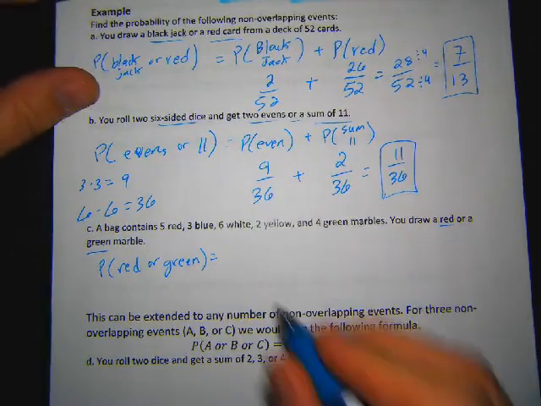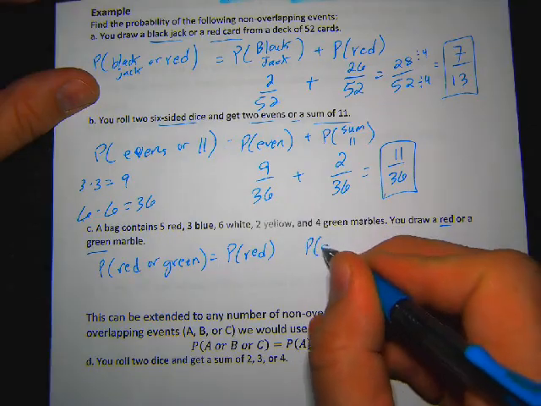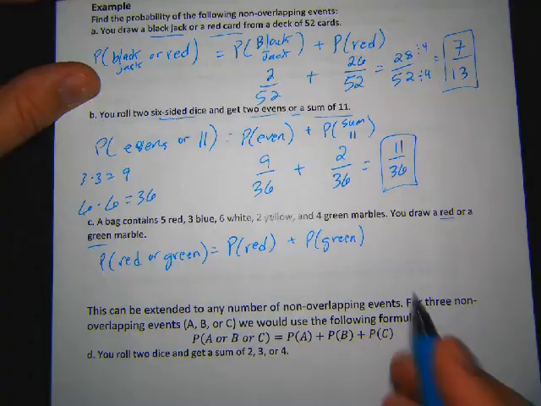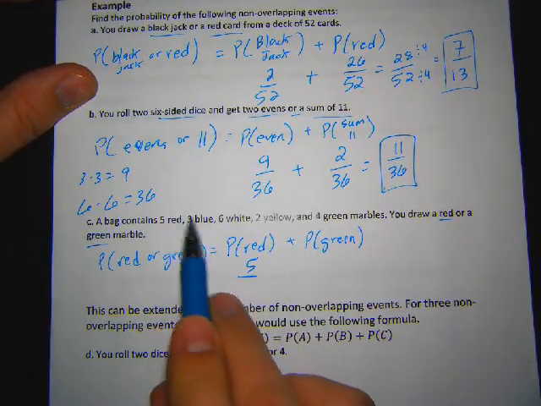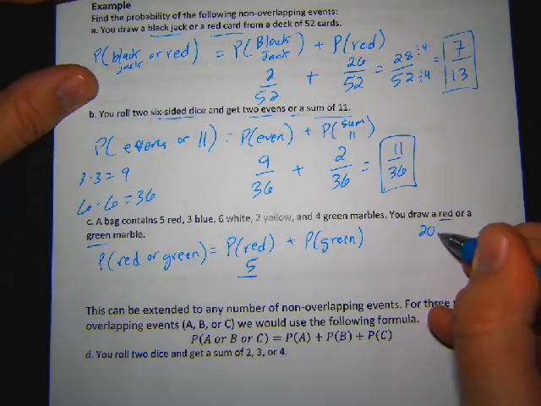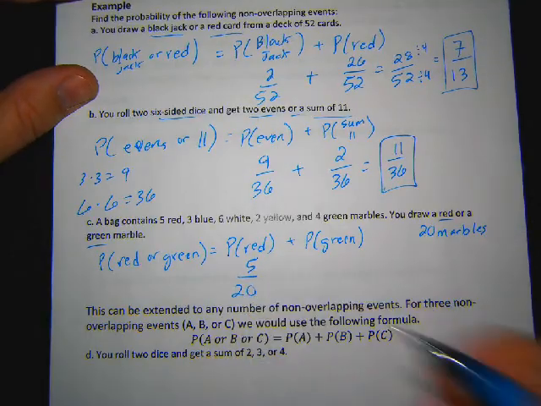All right, so first I find a probability of red. Then I find a probability of green, and then I add them. That's the whole methodology. So red, there's 5 red. Here I have what? 5, 8, 14, 16, 20. So we've got 20 marbles total. So 5 out of 20 are red.